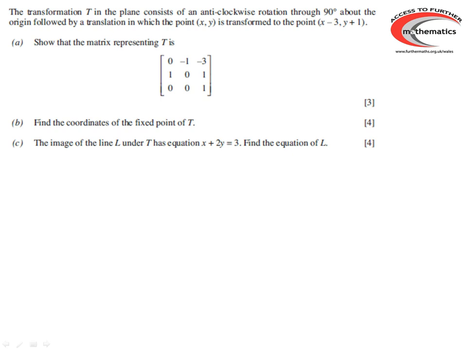Finally, we're told that the image of the line L under the transformation T has equation x + 2y = 3. And we have to find the equation of L. So let's suppose that the point (x, y) is mapped by the transformation T onto the point (x', y').